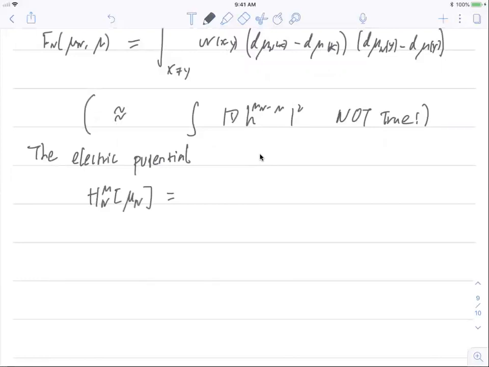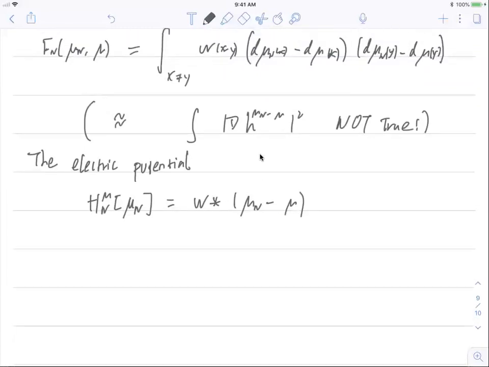This is the electric potential, though not the exact potential. It is kind of the relative potential, generated by the empirical measure with the reference limit mu. As I said, you can expect the previous Fn(mu_n, mu) can be represented by this.